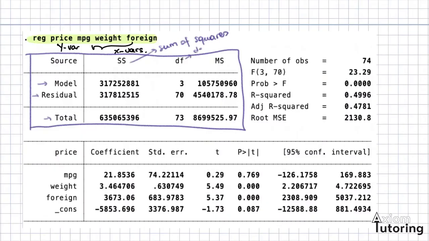DF is degrees of freedom. And MS is mean squares. And the source here is basically telling you where the sum of squares comes from: the model, the residual, and the total sum of squares.